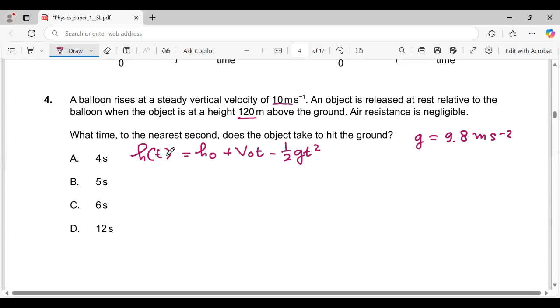We want to find this t when the object hits the ground. So if it hits the ground, h(t) must be 0.